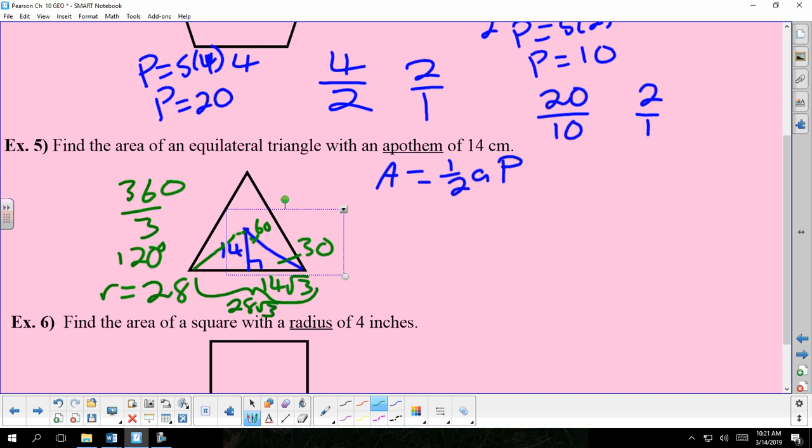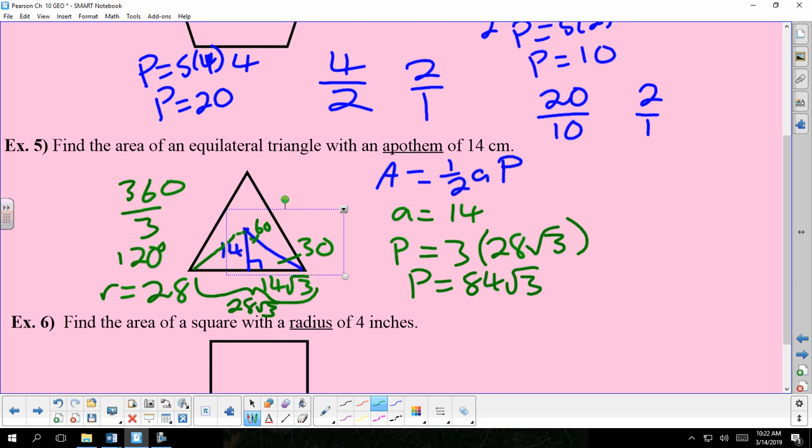So I have my apothem of 14. And then my perimeter is going to be 3 times 28 square root 3, using special right triangles. So our perimeter is 84 root 3.